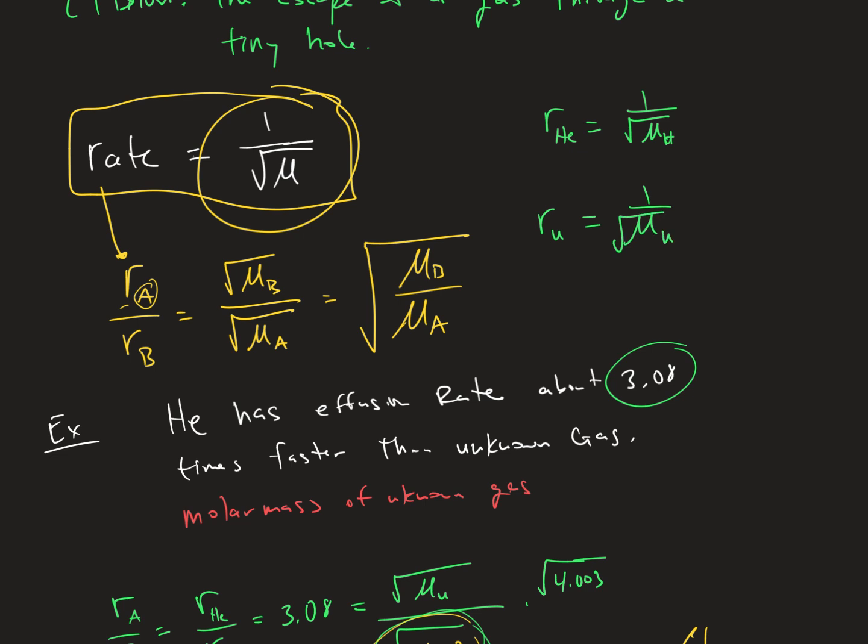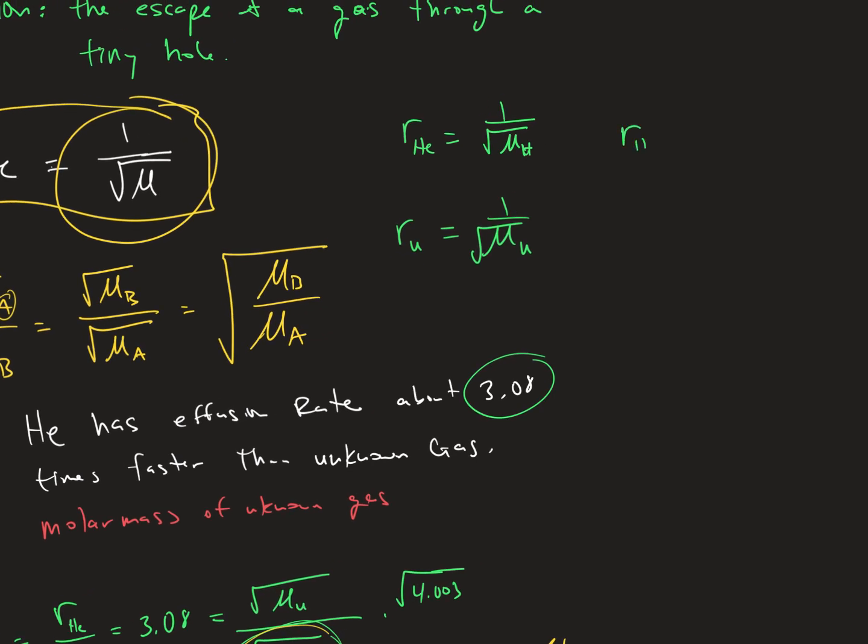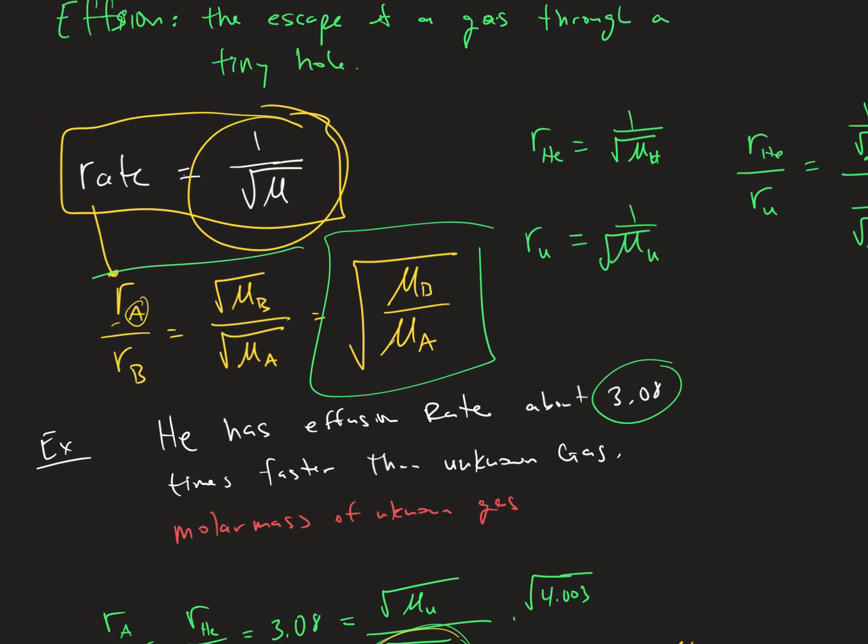And if you did rate of helium divided by rate of unknown gas, then you got 1 over the square root of molar mass of helium divided by 1 over the square root of the unknown. You follow? And then you have division of fractions, you just flip and multiply. Great question. Does that make sense to everybody? Why our formula is this here?